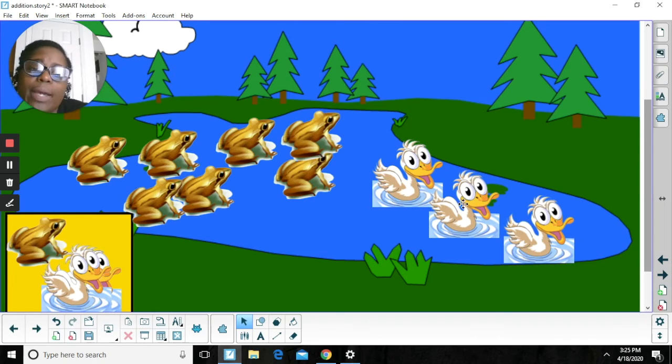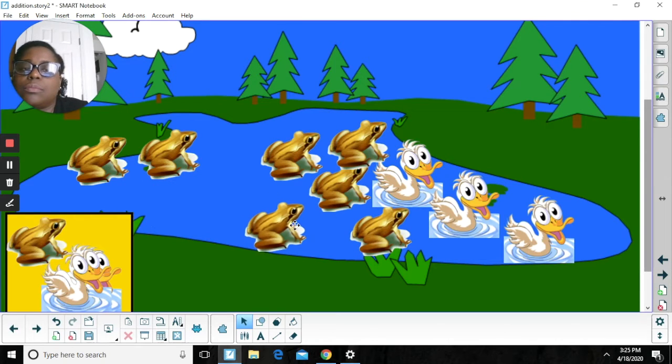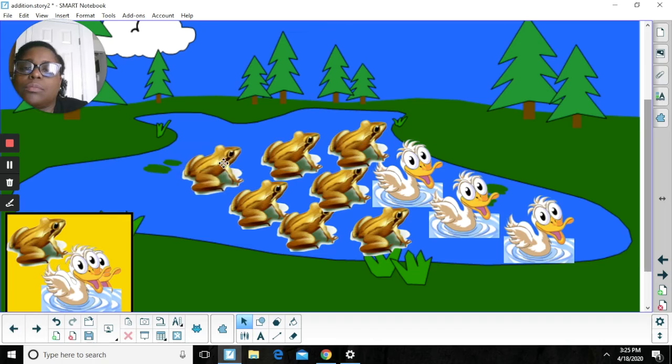Now we need to determine how many we have all together. And when you hear that word all together, what does that mean? Add or subtract? Did you say add? You are correct. And when we add, we put items in a group together. So let's put them together. And we're going to see how many we have all together. So count with me. 1, 2, 3, 4, 5, 6, 7, 8, 9, 10. You're right. We have 10 animals all together, right?